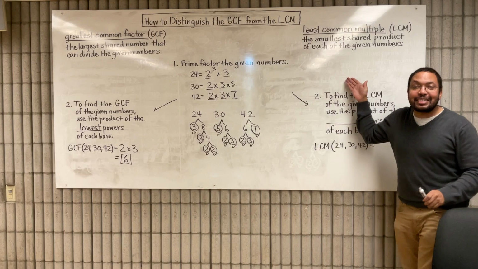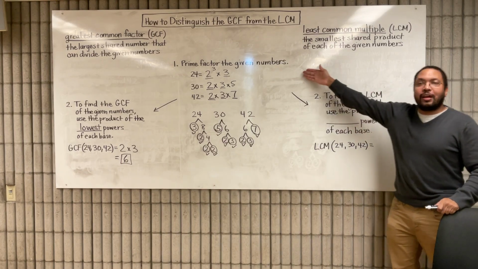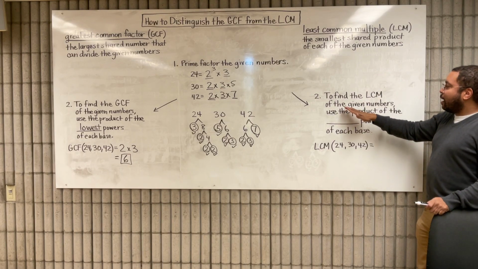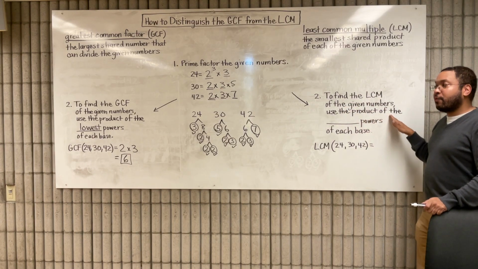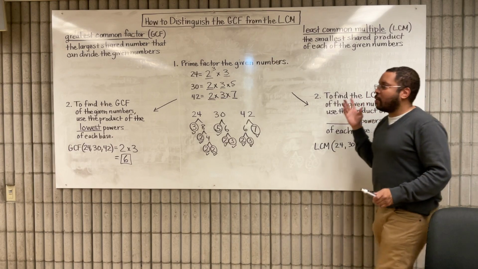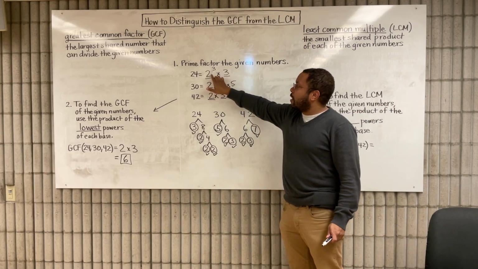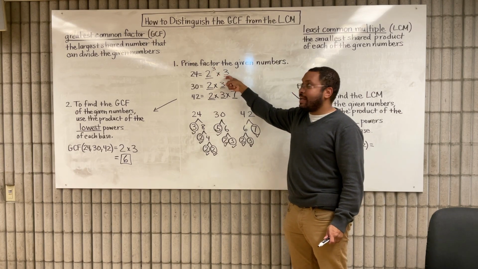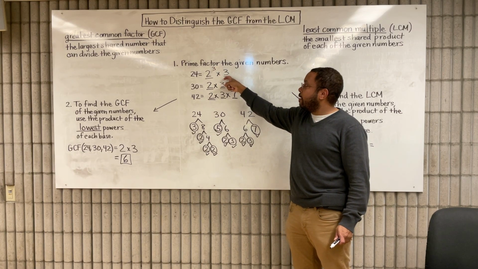To find the least common multiple now, we're still going to find the prime factorization of each number, but let's figure out what's going on here. To be a multiple of 24, I need 3 2s, and I need a 3, okay?